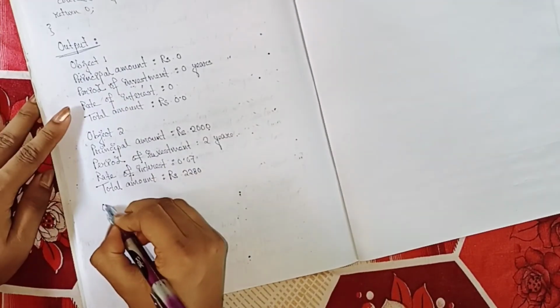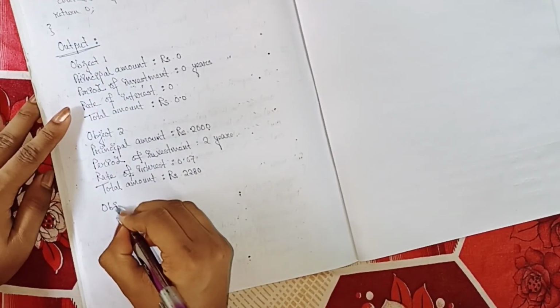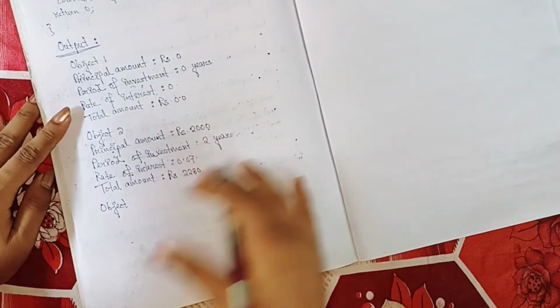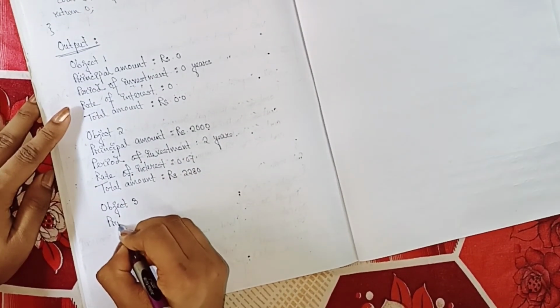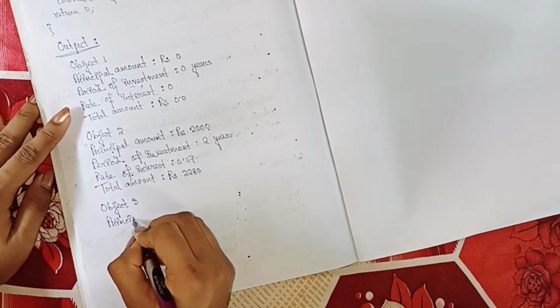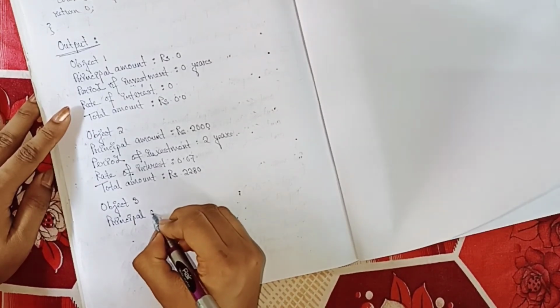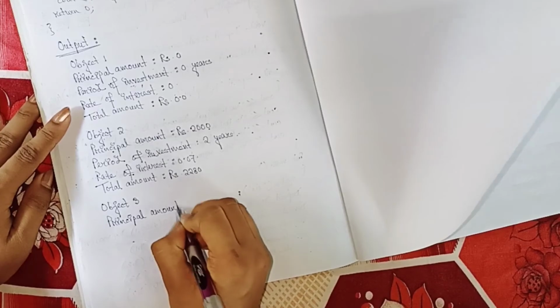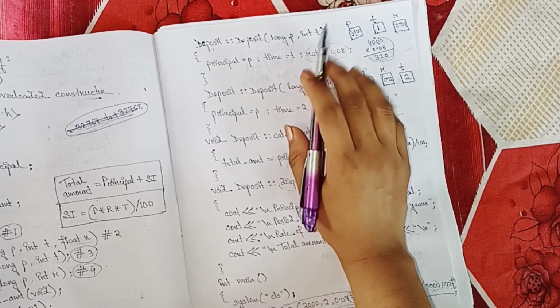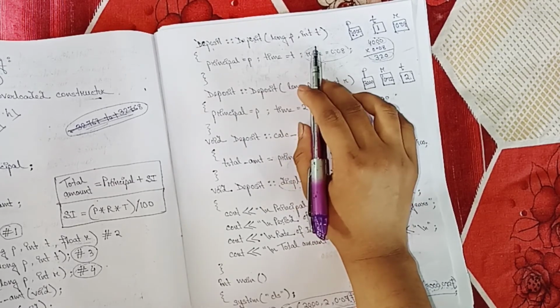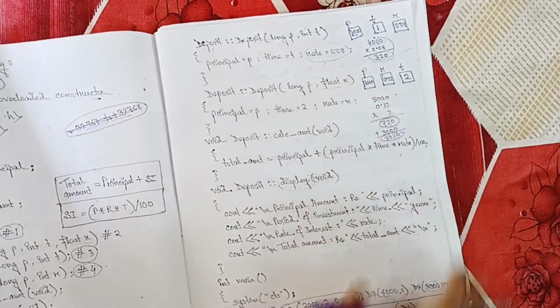So the constructor for D3 will be invoked. A deposit, that is object D3, will be invoked. So for object 3, what is the constructor? For the object 3, we are having principal and time given by the user, and the rate is already defined by the default argument, which is 0.08.